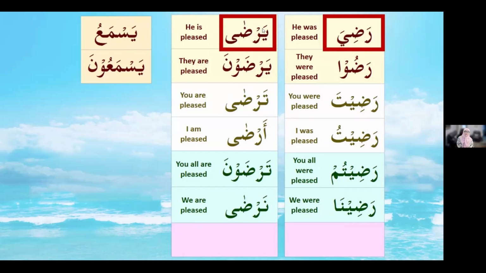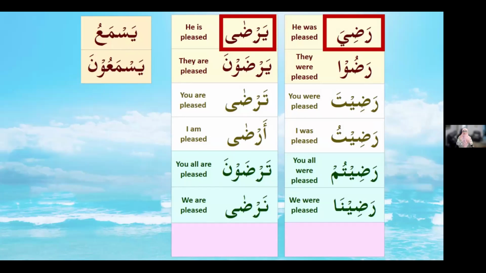Now, here we are looking at the plural. We saw that in Madi, we saw radiya, radu. But here, yarda, here we have yasma'u, yasma'una. But yarda, how can you put a waw there?